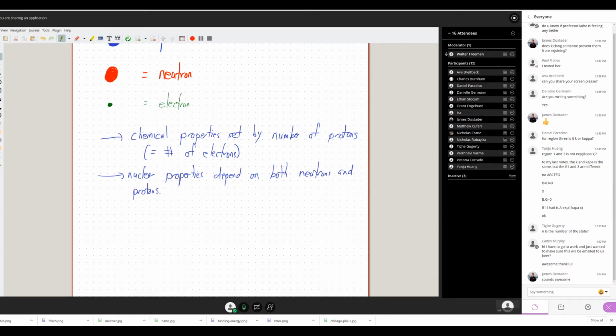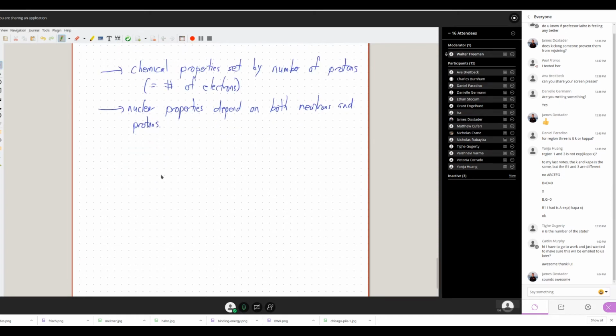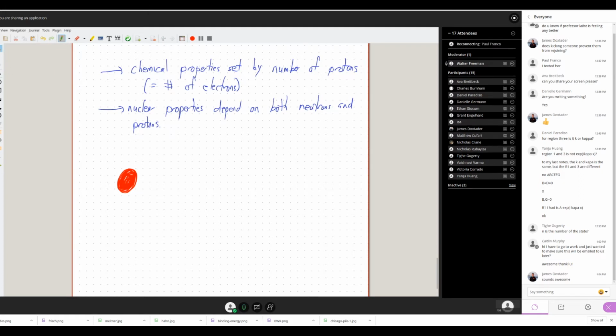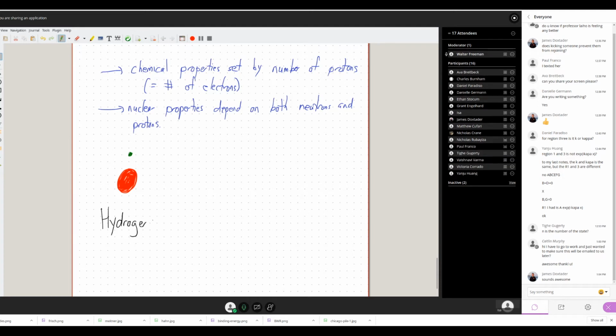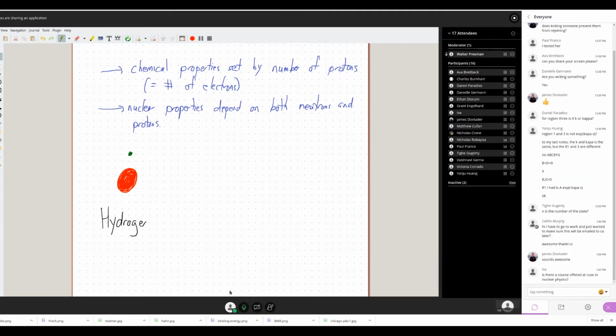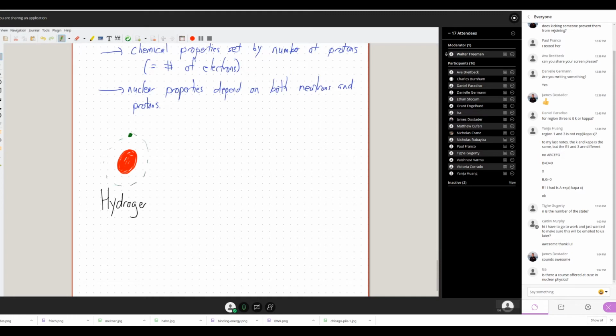So, for instance, this is hydrogen, where I've got one proton and one electron. But this is also hydrogen. If I take a proton, I stick it to a neutron.